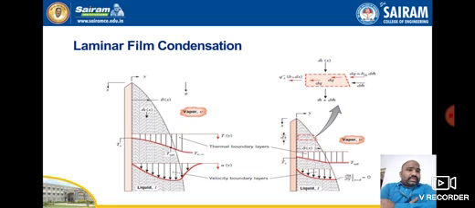When it comes out, it becomes heat transfer q double dash at x plus dx. This is how the elemental analysis is taken, and some velocity boundary layers are formed. We can observe in the liquid stage the velocity boundary layer at the surface between the liquid and the wall. We can even see the thermal boundary layer in the figure.